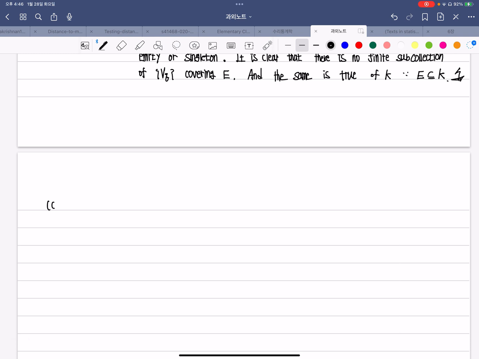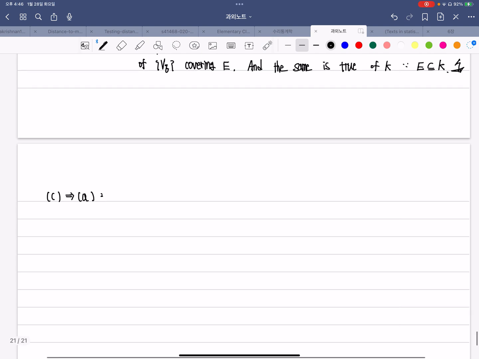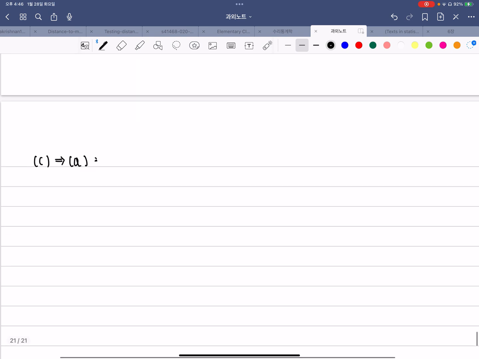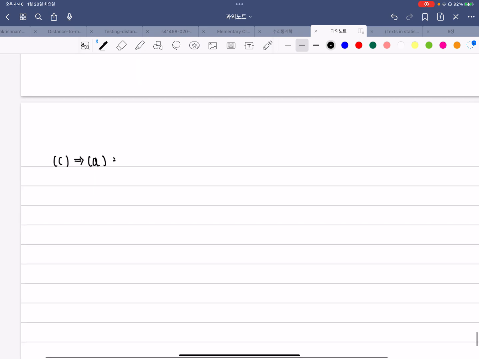Next, the last is to show that it is true from C to A. It is a little bit long. Suppose not.